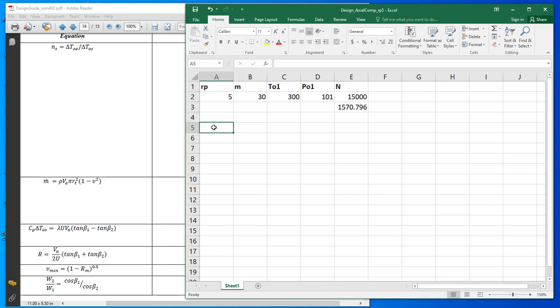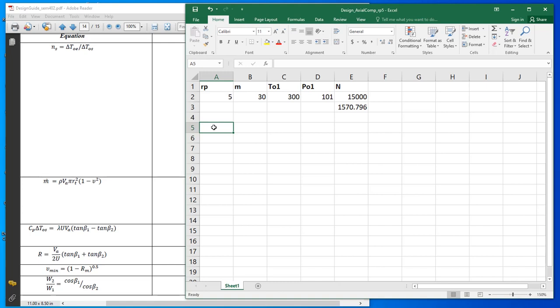Now we can start with our preliminary design, which is the number of stages. The equation is number of stages equal to delta T0E, which is the total change in stagnation temperature across the entire compressor, divided by the change in temperature across one stage.